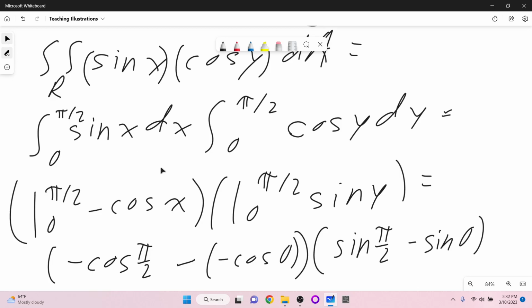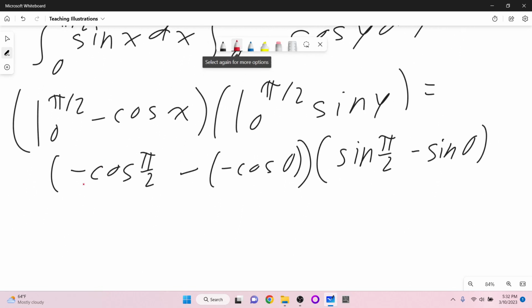And then, cosine of pi halves is 0, sine of 0 is 0, so we get 1 times 1 is 1.